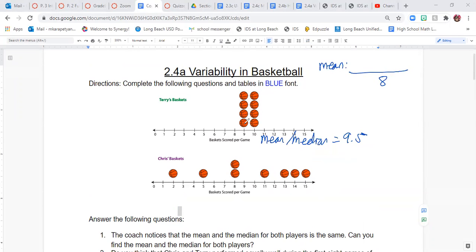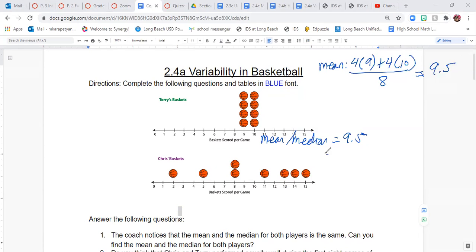Over here, I have 4 dots above 9, so I can do 9 plus 9 plus 9 plus 9, or I can just do 4 times 9. And then I have 4 dots above 10, so I can do 4 times 10, or 10 plus 10 plus 10 plus 10. Either way, this comes out to 9.5.